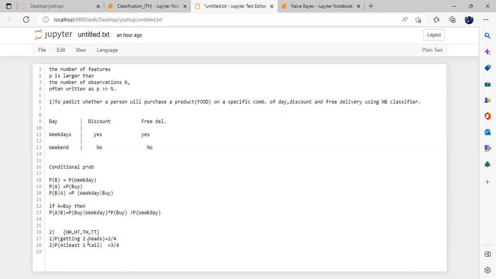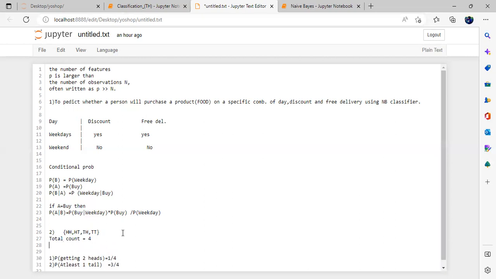That is how we find the probability; 4 is your total count, the total number of the set, and out of 4 you have to count everything, right?